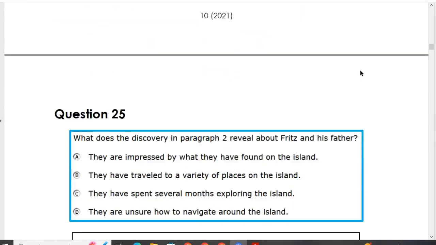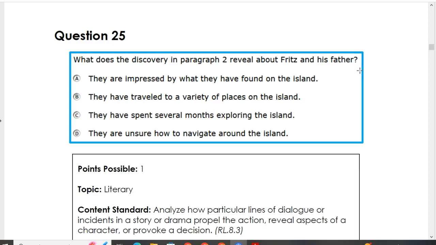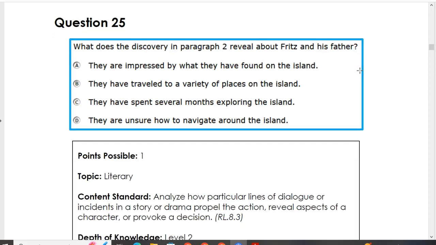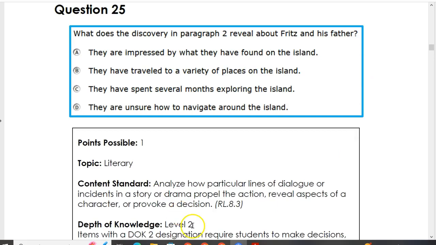Question 25. What does the discovery in paragraph 2 reveal about Fritz and his father? So we can find this in paragraph 2. We're looking for a discovery in paragraph 2 that reveals something about Fritz and his father. So this is a level 2 question, and this is analyzing how particular lines of a dialogue or incidents of a story reveal something about a character or propel the action.